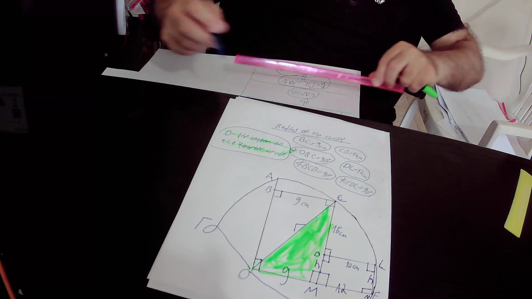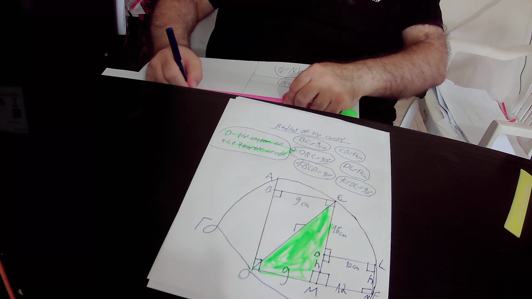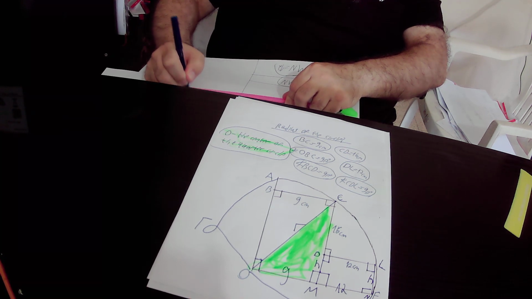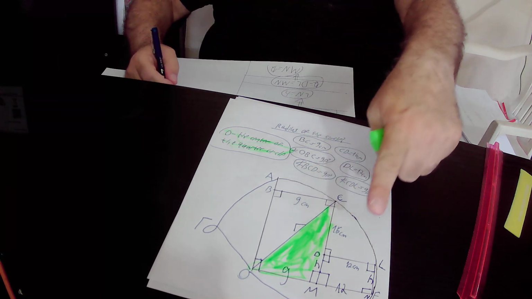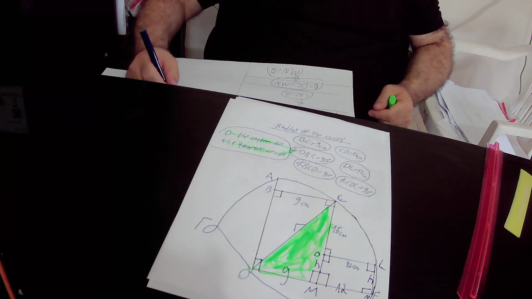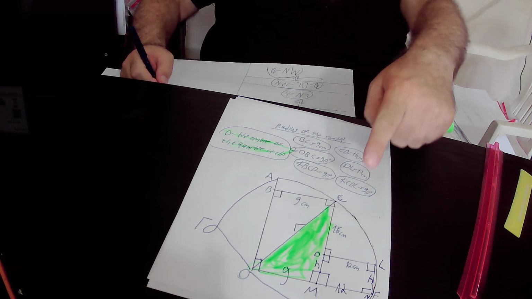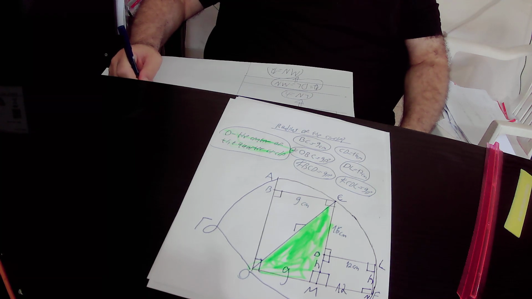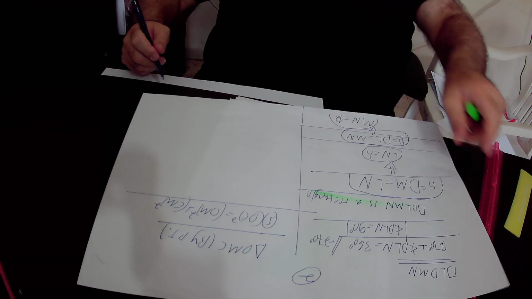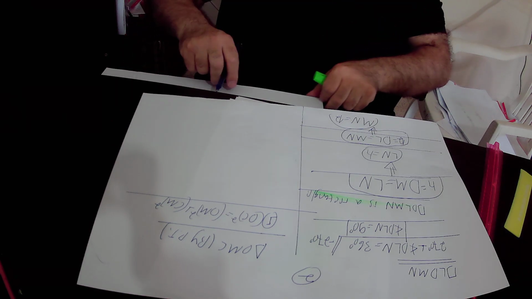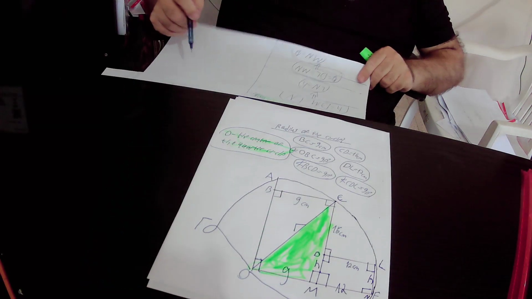So here the hypotenuse is OC, therefore the square of the hypotenuse is OC squared, and it must be equal to the sum of the squares of the perpendiculars, that is to say, OM squared plus CM squared. I repeat again, according to the Pythagoras theorem, in the right triangle OMC, OC squared must equal OM squared plus CM squared.